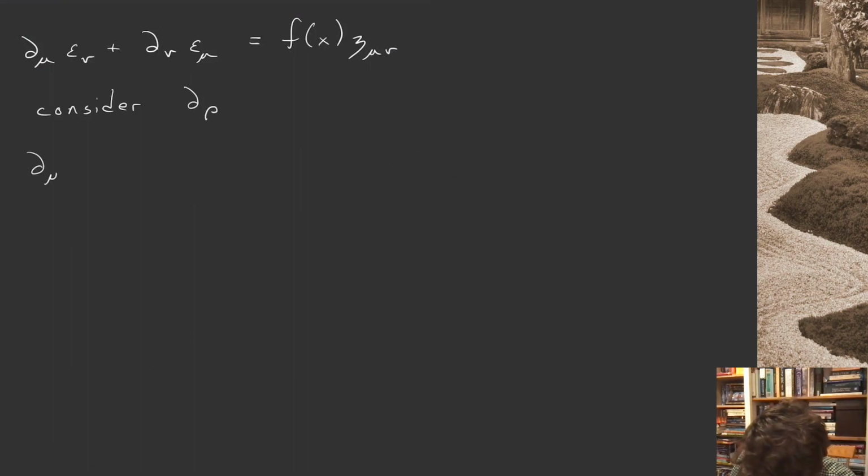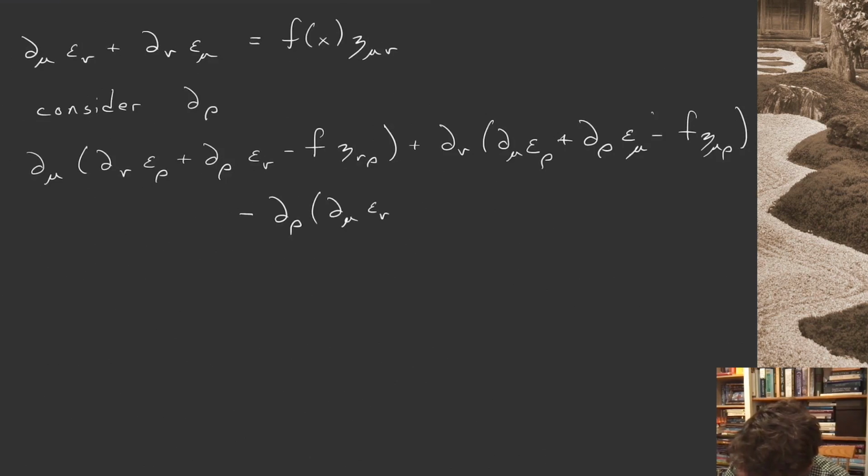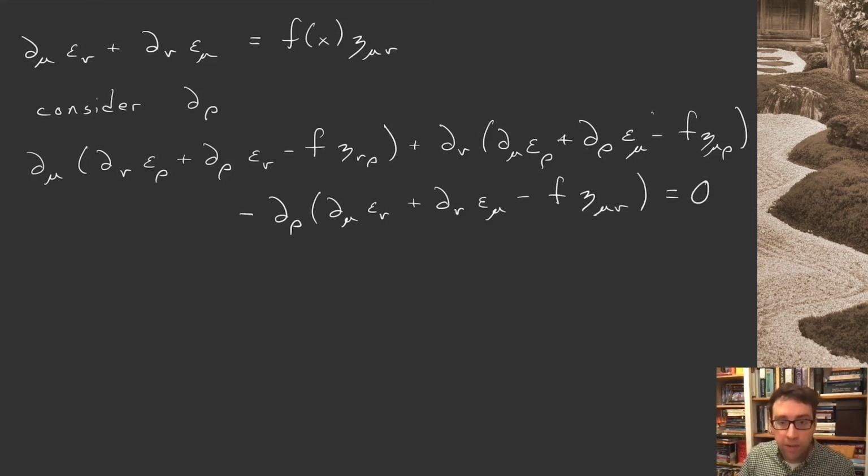So we'll look at d mu of (d nu epsilon rho plus d rho epsilon nu minus f eta nu rho), plus d nu of (d mu epsilon rho plus d rho epsilon mu minus f eta mu rho), and then finally minus d rho of (d mu epsilon nu plus d nu epsilon mu minus f eta mu nu). So this has to be 0 because each of those terms in parentheses is our original happy face equation, and I'm just taking a derivative of each of those.